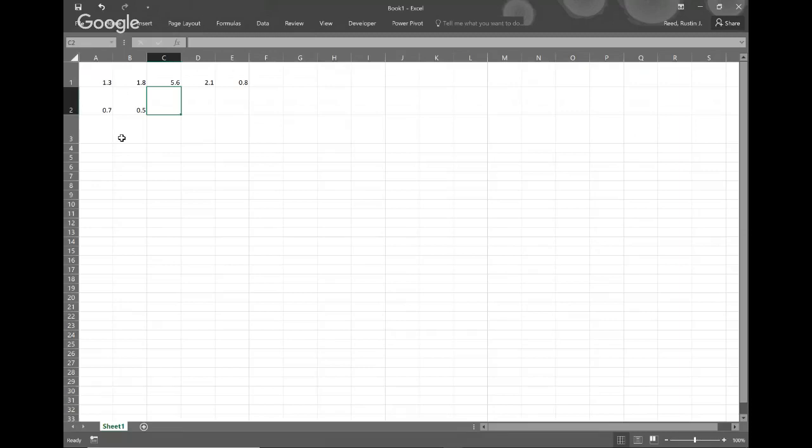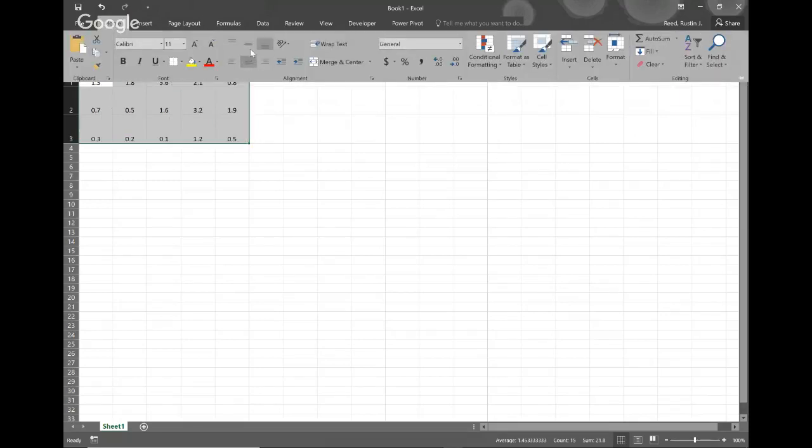It might look something like this. With Excel, it's nice to have the numbers in the middle because they're more visible.